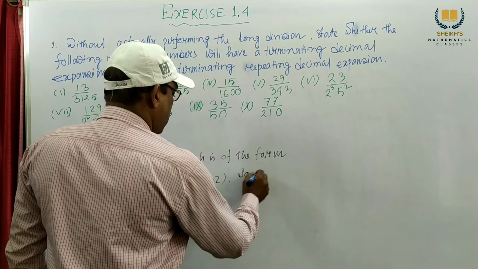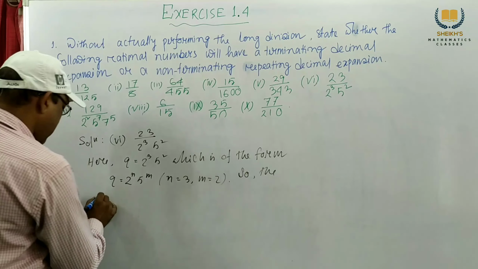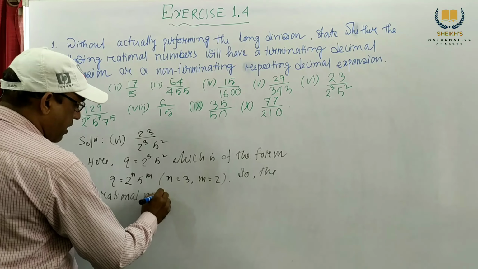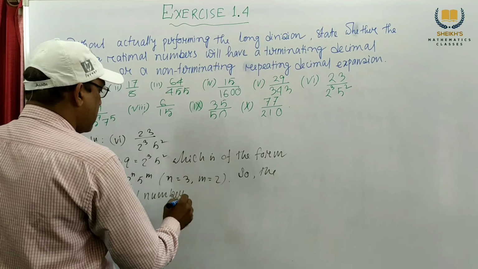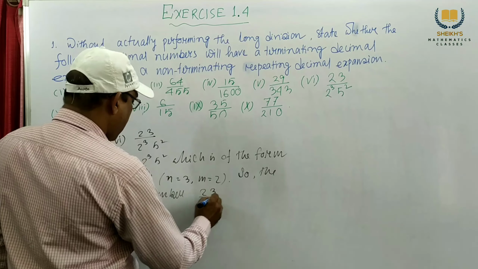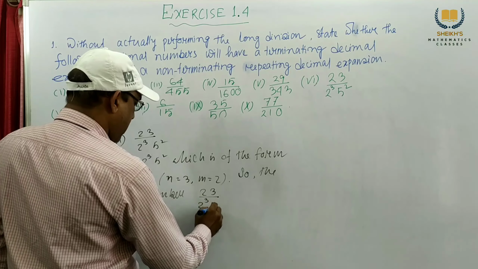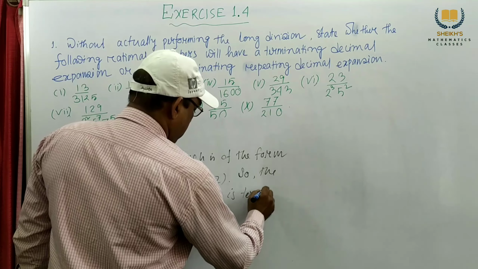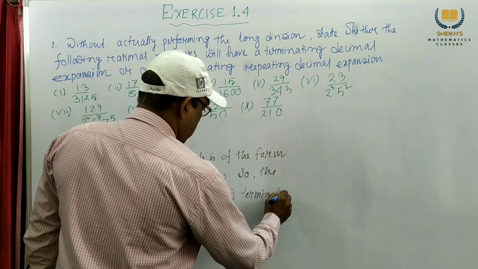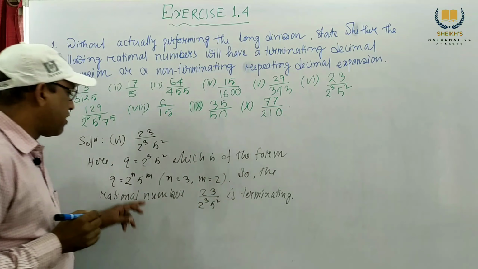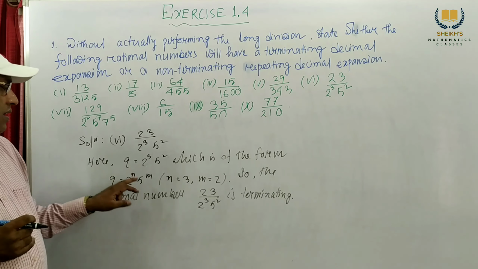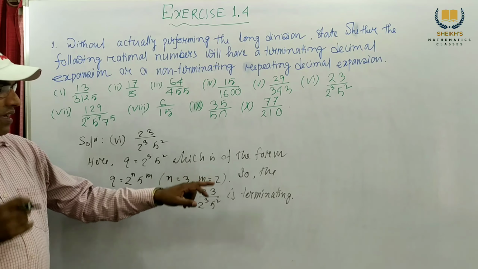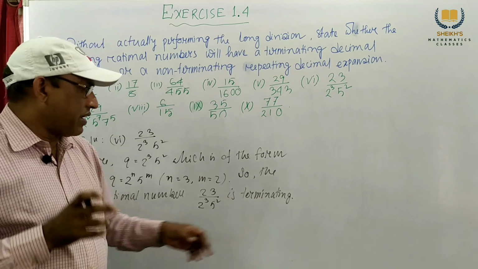So the rational number 23 by 2 to the power 3, 5 to the power 2 is terminating, because the denominator is of the form 2 to the power n, 5 to the power m. If the denominator contains only 2 and 5, then the rational number is terminating.